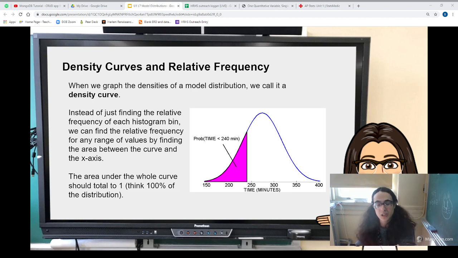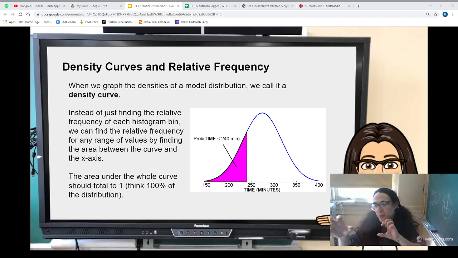It's modeling future data. So instead of asking what percentage of the times were 240 or less, what we're really saying now is, if I do it again, what's the probability that the next one is 240 or less? Or if I keep doing this, what's the probability that any measurement will be 240 or less?